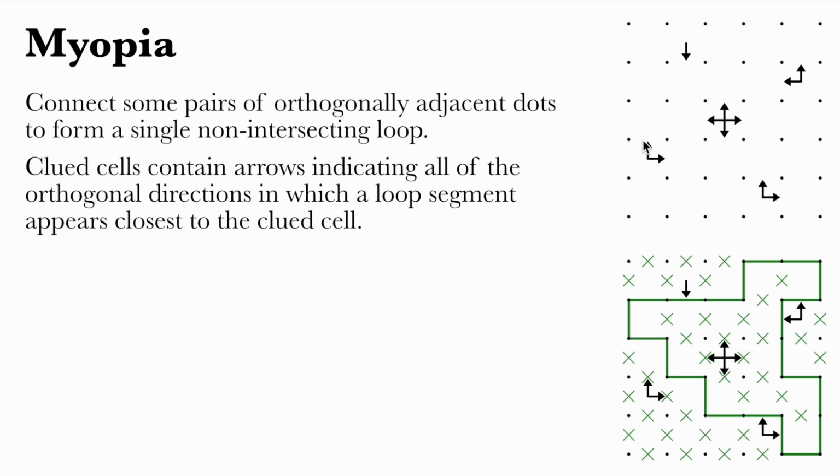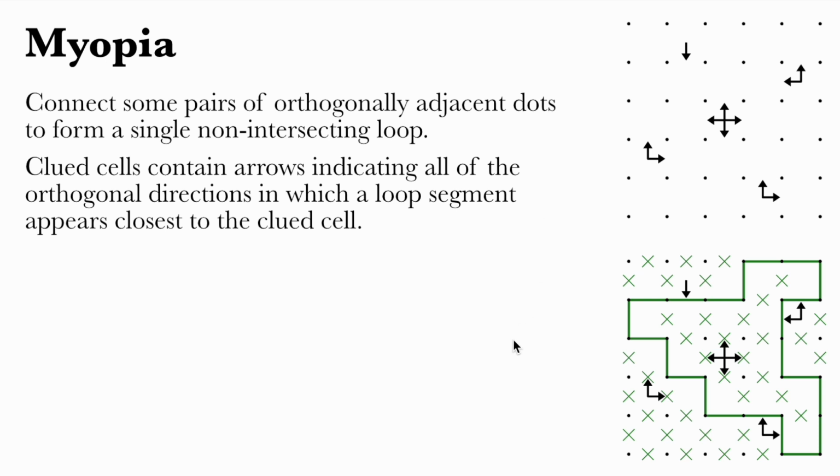So there can't be no loop from there all the way to the edge of the grid. And whichever directions those are, that's the closest distance to the loop. So that means that in other directions the loop is either farther away or isn't there at all.